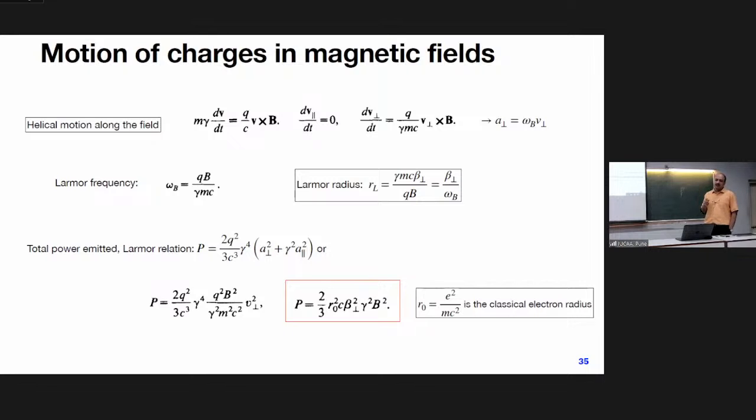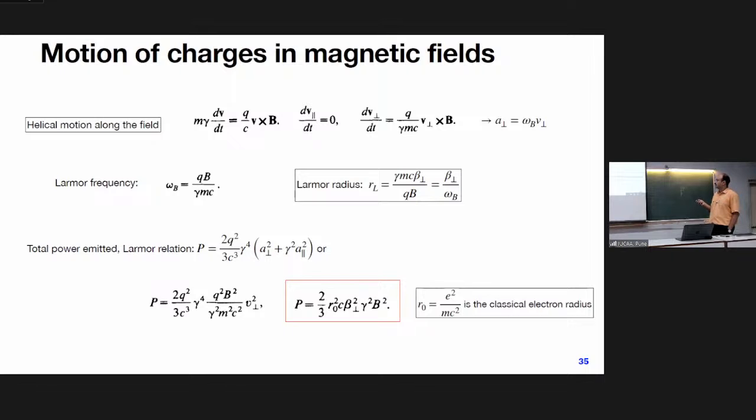So this phenomenon is called synchrotron radiation: radiation from relativistic or non-thermal electrons gyrating along magnetic fields. And these electrons are highly relativistic. If the electrons are not relativistic, they can still be non-thermal, but not highly relativistic, then we'll get something called cyclotron radiation.